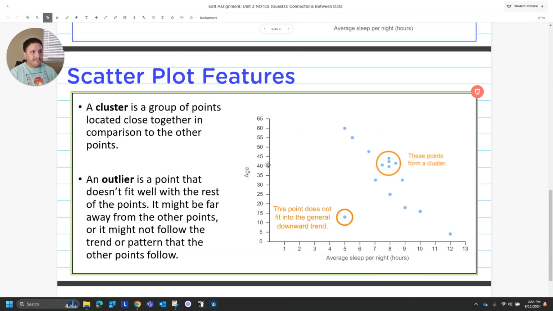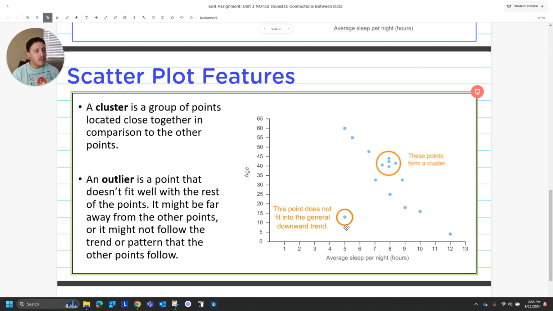Like I said, a cluster is a group of points located close together in comparison to the other points. And we can see there's a cluster of data values right there that is basically telling us there's a group of people that are answering very, very similarly to each other. And then we have an outlier. An outlier is a point that doesn't fit well with the rest of the points. It may be far away from the other points, or it might not follow the trend or pattern that the other points follow.